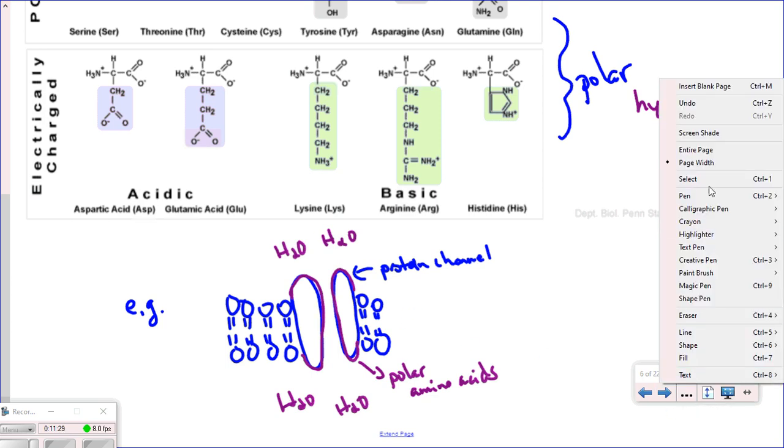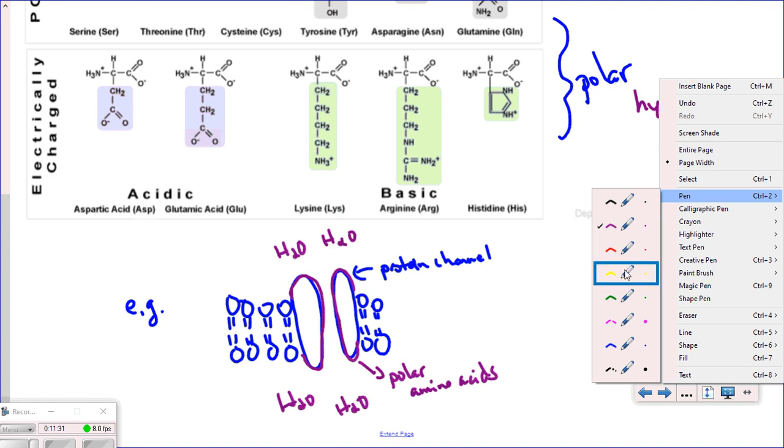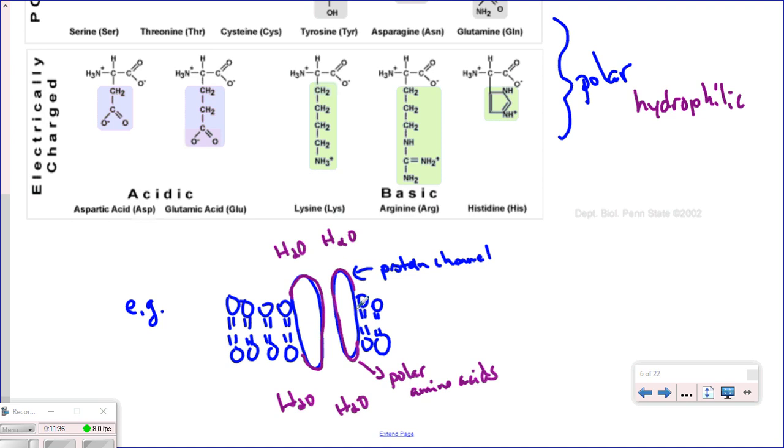On the areas of the protein that would be embedded in the membrane, and I'll use red, these portions here that are in contact with this hydrophobic core, for that protein to preferentially interact with that hydrophobic core, you would want nonpolar amino acids in there. So in this part of the protein channel, you're more likely to find nonpolar amino acids.